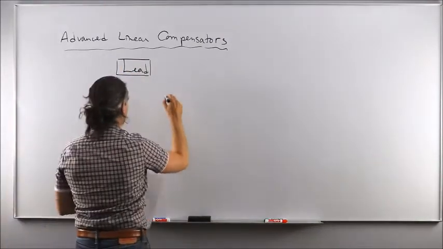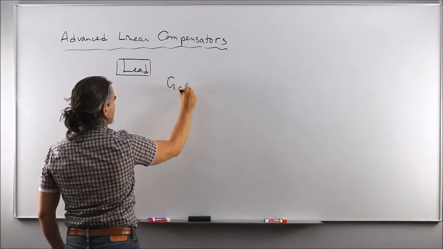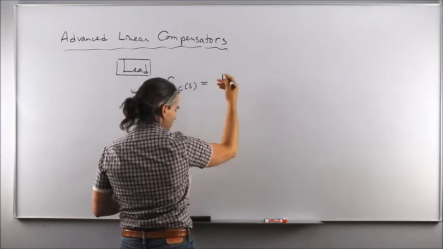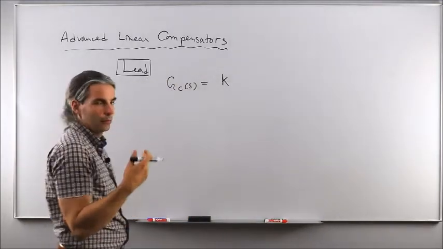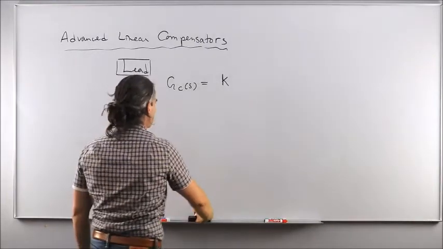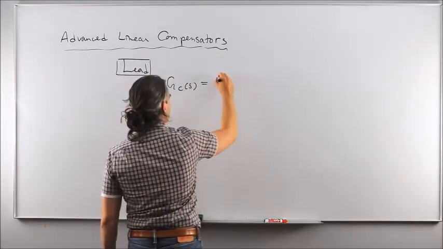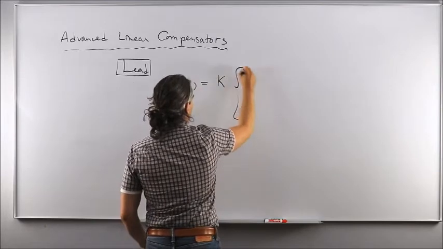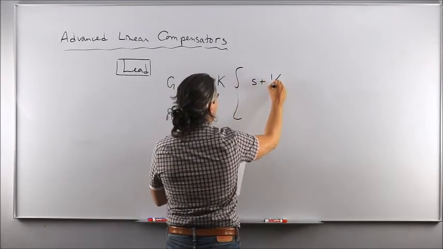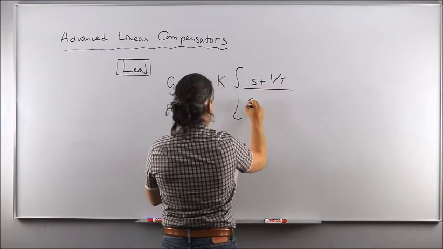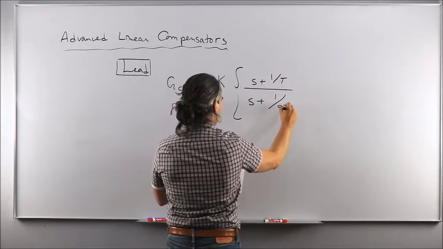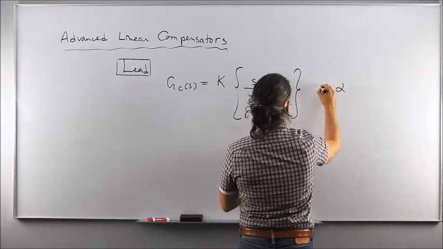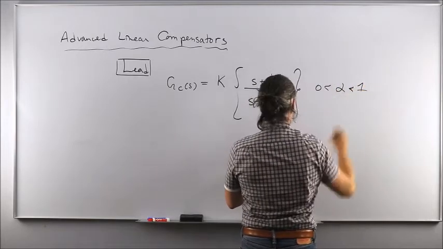Okay? So the transfer function of this particular compensator is going to be K, its gain. Think of it as equivalent to KP or KD for our modified PD controller. Okay, but because a compensator only has one gain, just denoting it with K is sufficient, times S plus 1 over T over S plus 1 over alpha T. And that is for alpha between 0 and 1.